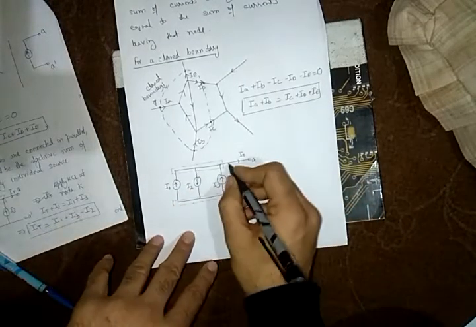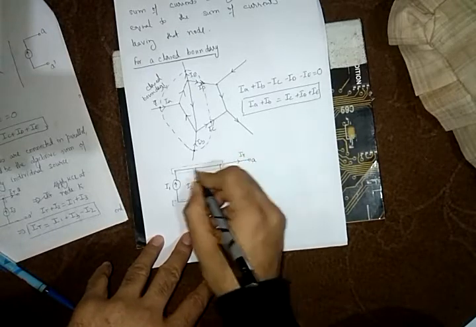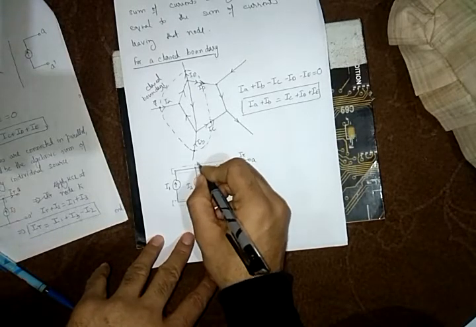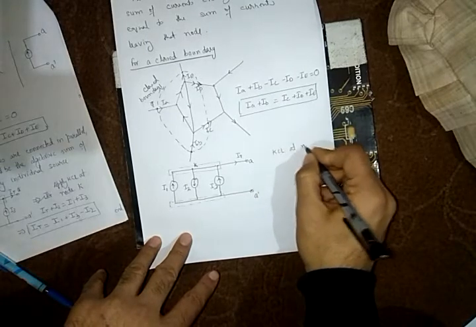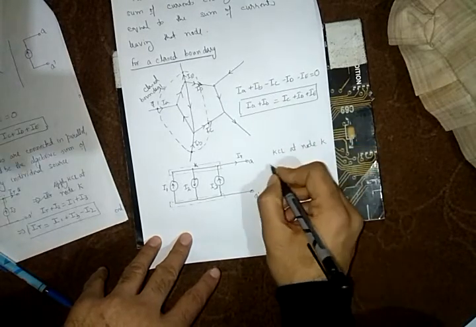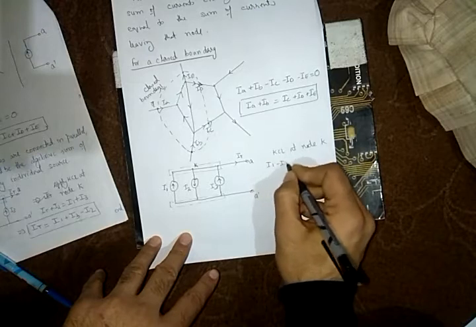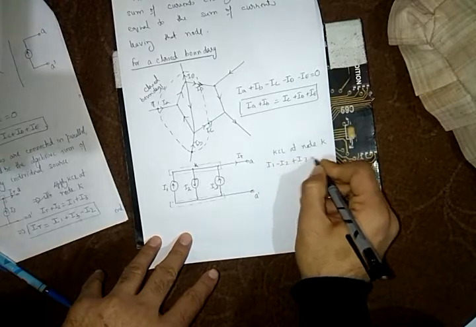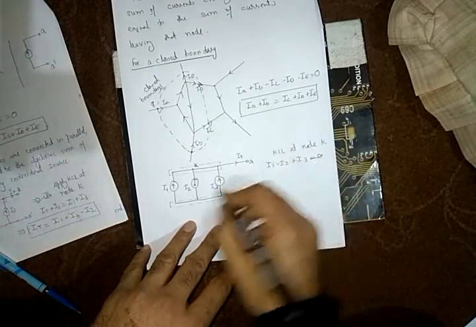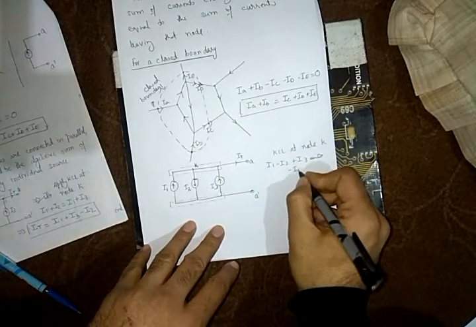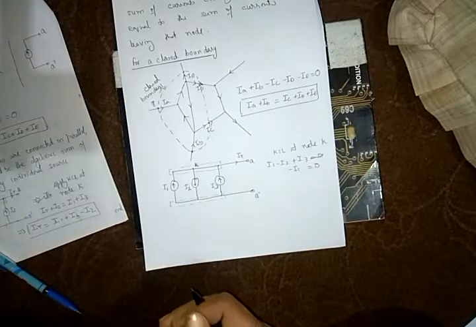So if you apply KCL at this node, suppose I am labeling this as node K, what will you get? I1 minus I2 plus I3 minus IT will be equal to 0.